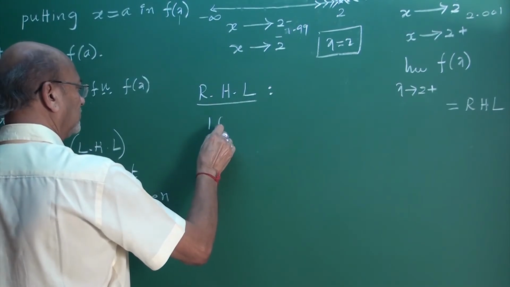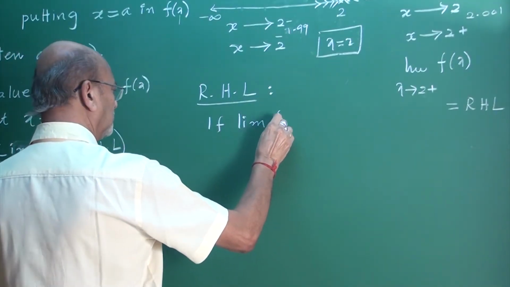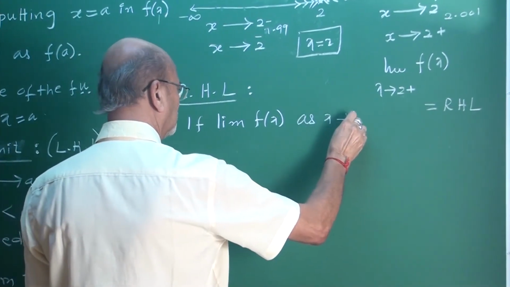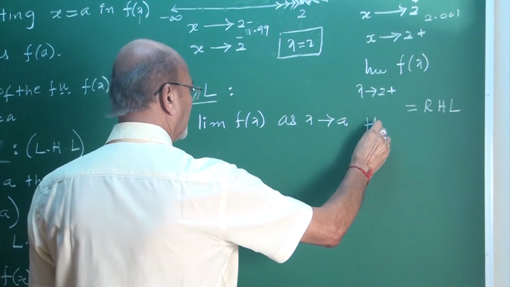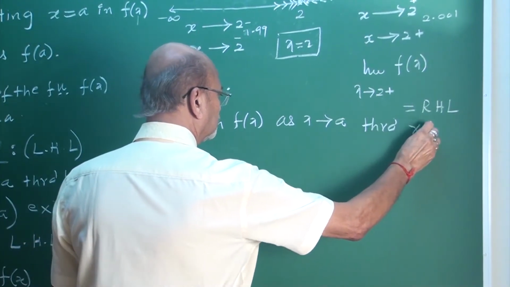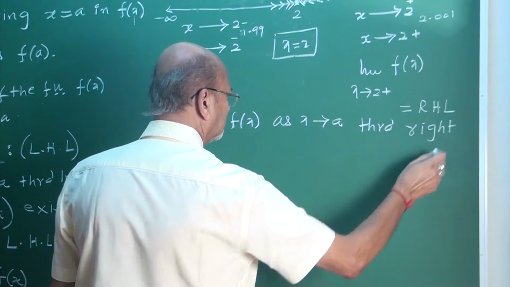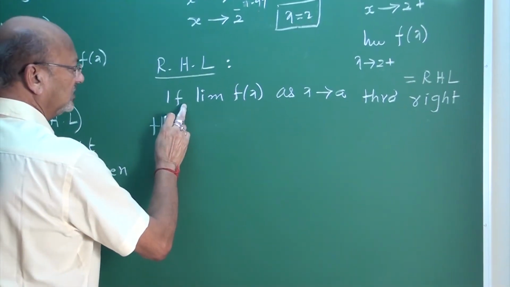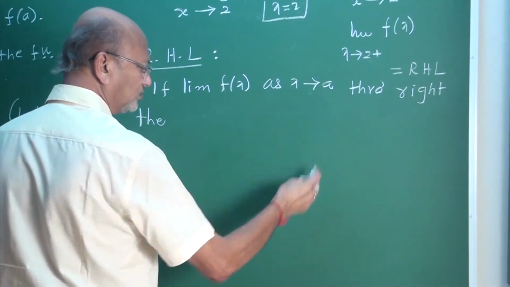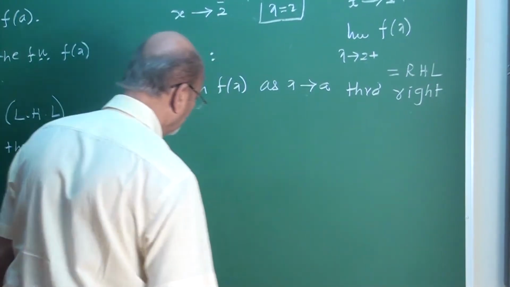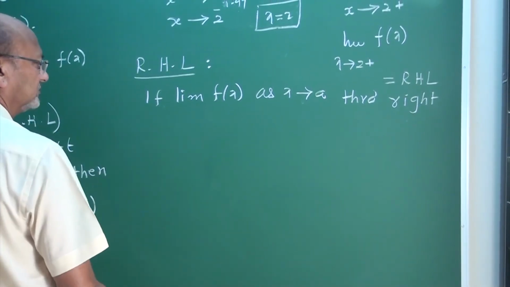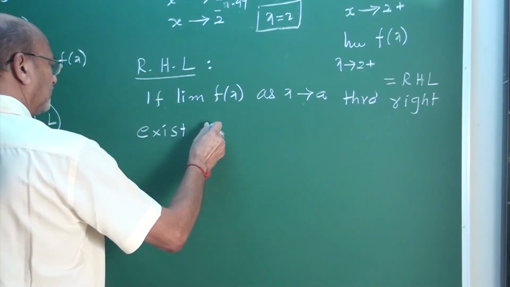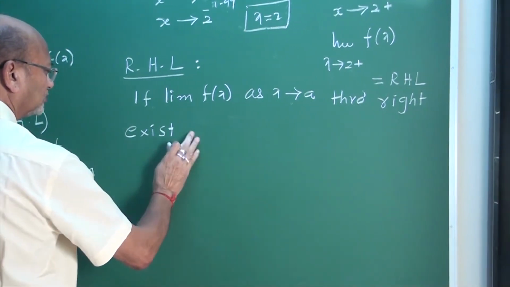If the limit of f(x) as x tends to a through the right exists finitely and uniquely, that is understood.